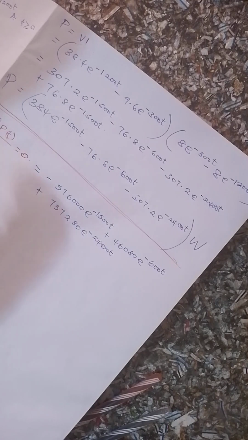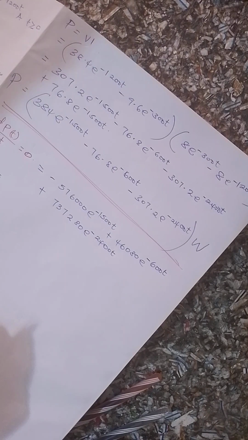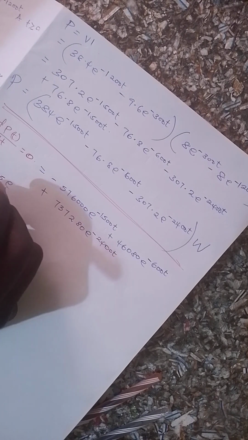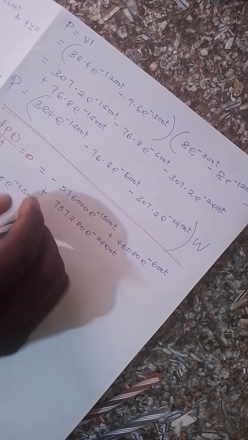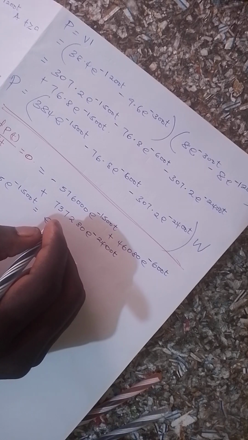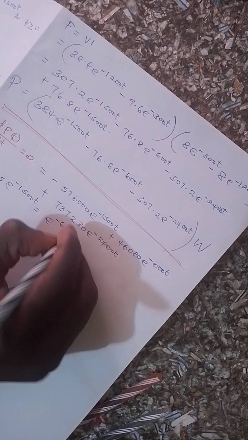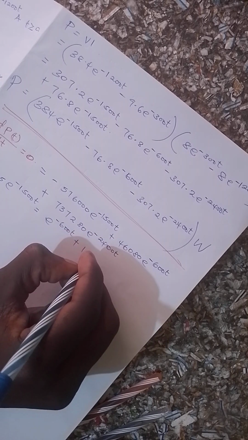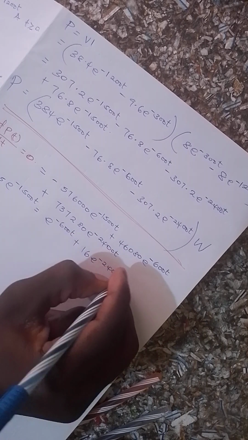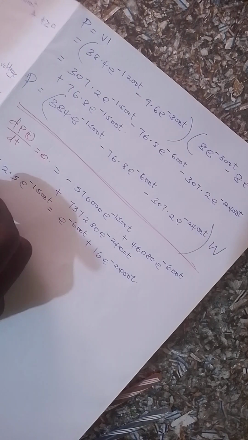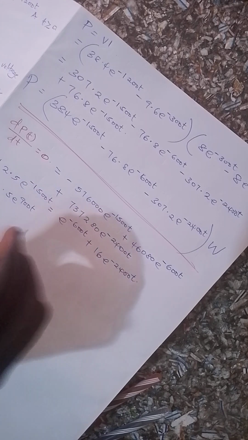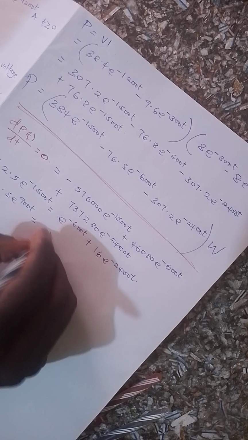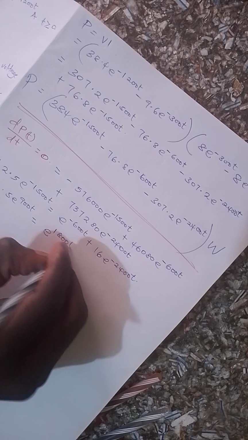So upon bringing that, then dividing by 46,080, we'll have 12.5 exponential negative 1500t is equal to exponential negative 600t plus 16 exponential negative 2400t. Dividing by exponential negative 2400t, we'll have 12.5 exponential 900t, which is equal to exponential 1800t plus 16.